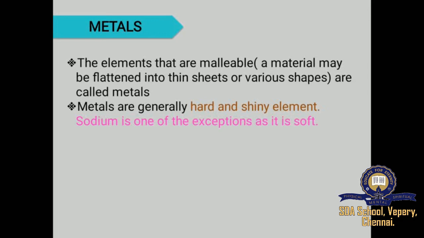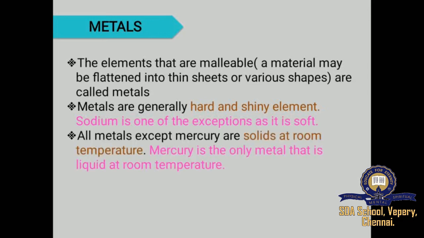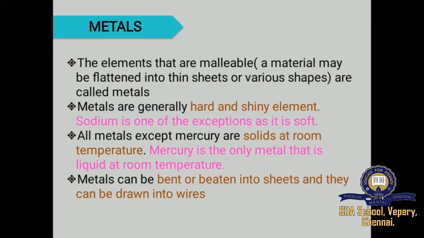Sodium is one of the exceptions as it is soft. All metals except mercury are solids at room temperature. Mercury is the only metal that is liquid at room temperature.